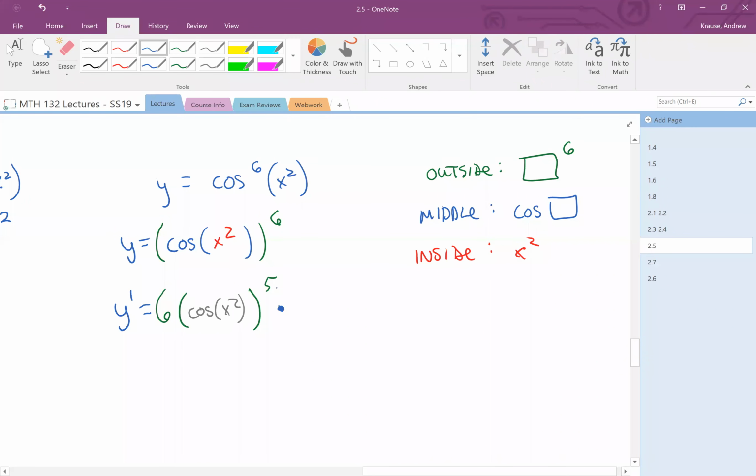Then we need to multiply by the derivative of that middle function, which is negative sine, because the derivative of cosine is negative sine. And then we need to multiply. In this case, we have another multiplication where we're going to multiply by the derivative of the very inside function, which in this case is 2x, rather than just a 1 if it was just x. So it's pretty much the same. We just get that 2x at the end, and then we have these x squareds in the middle that we're carrying throughout.